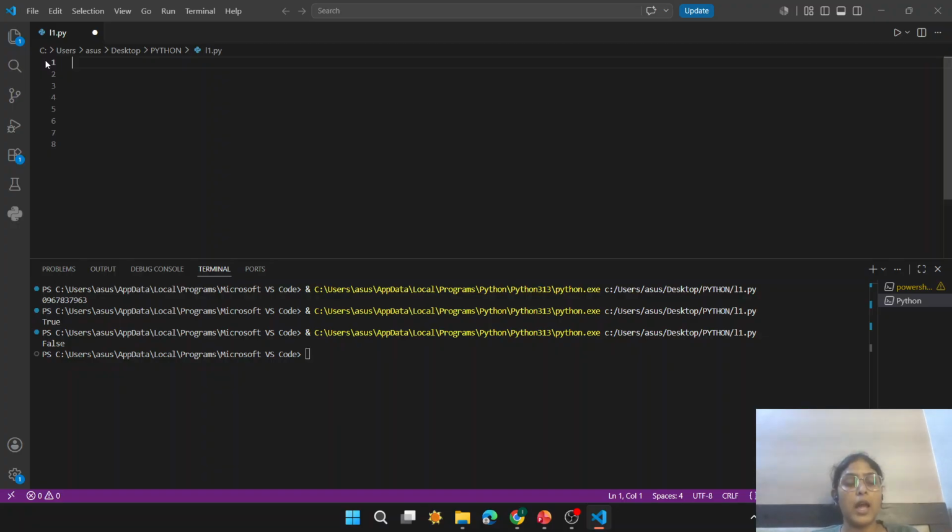Now, with that, let's talk about the type function. We will discuss functions in very detailed theory in upcoming lectures. But this is one function that I would say every beginner should know because it is quite helpful.